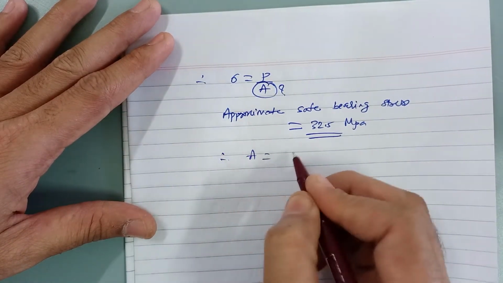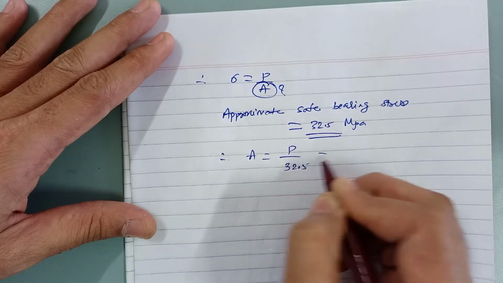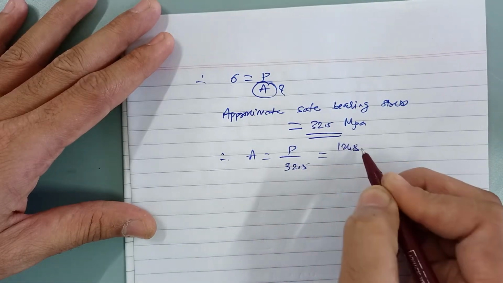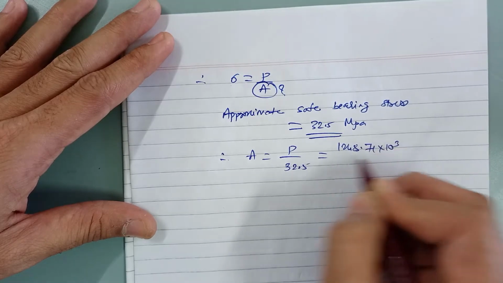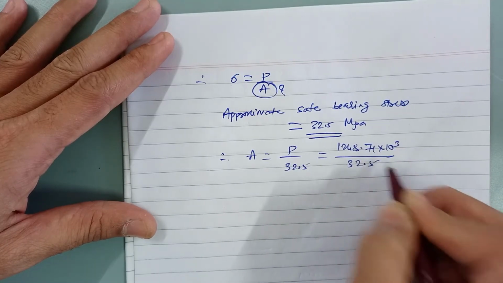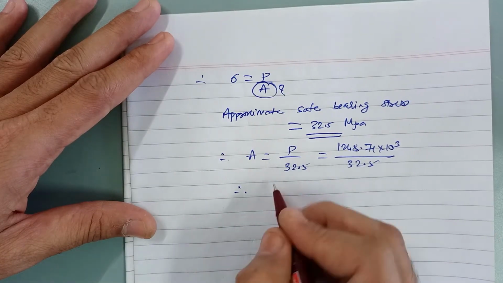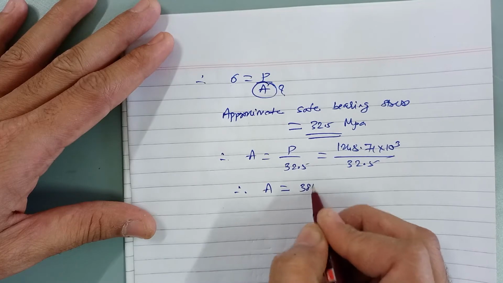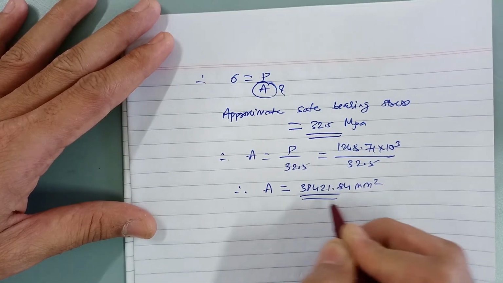Hence area will be P by 32.5, where P is nothing but the initial pre-stressing force, 1248.71 into 10 raised to 3 Newton, divided by stress. We get area as 38421.84 mm square.